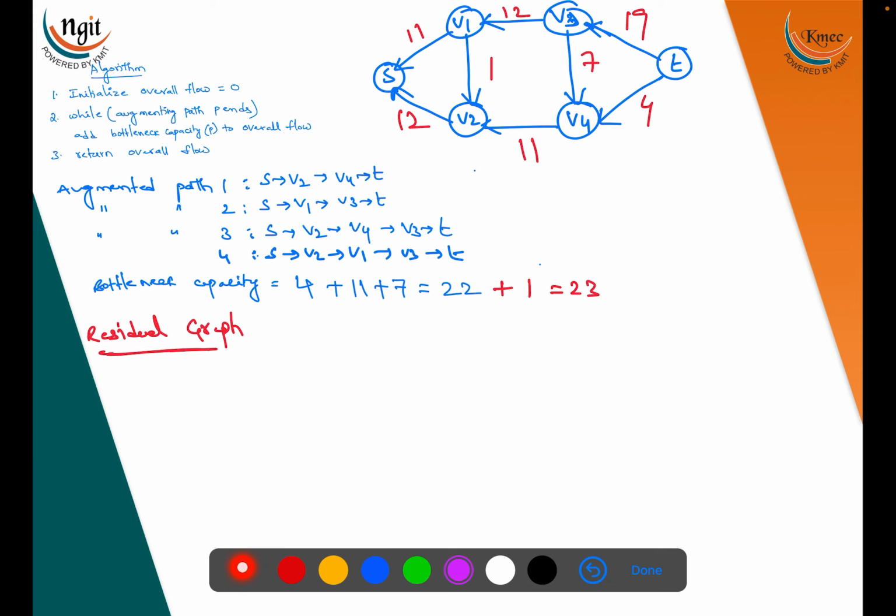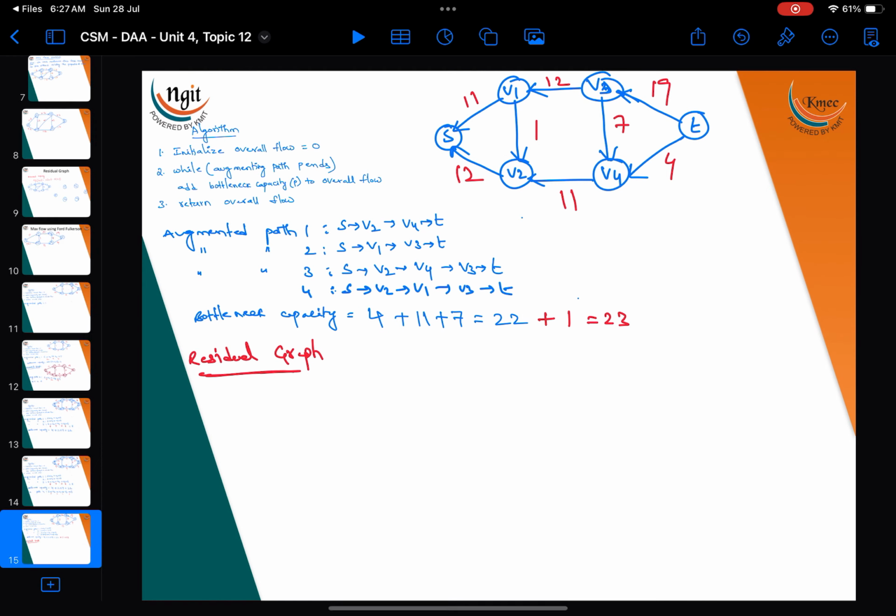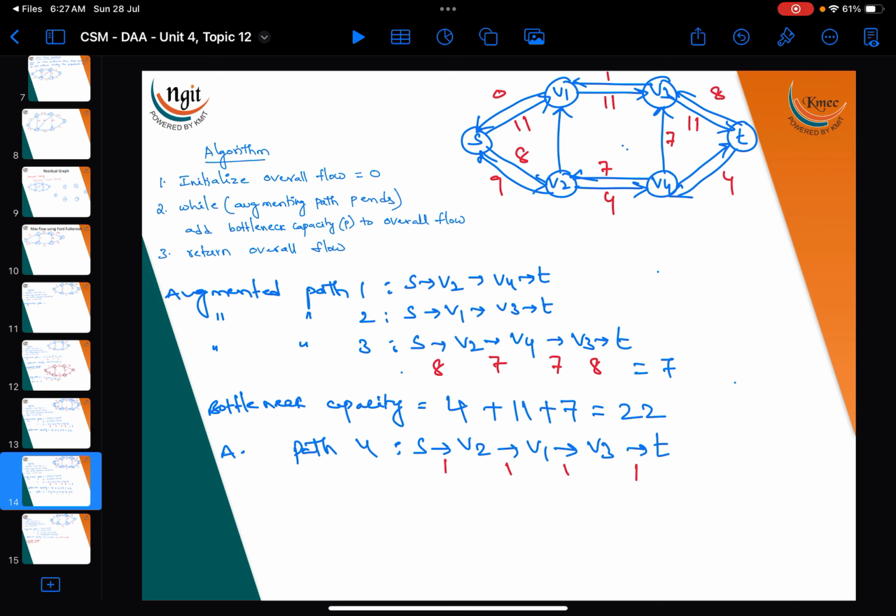So what is the residual graph for this? Now again you have to influence this one in the above graph. So once you find the residual graph for the above one, you will not find any path from S to T. Because if you see here, from S there is no accumulated movement or any flow to the V1.